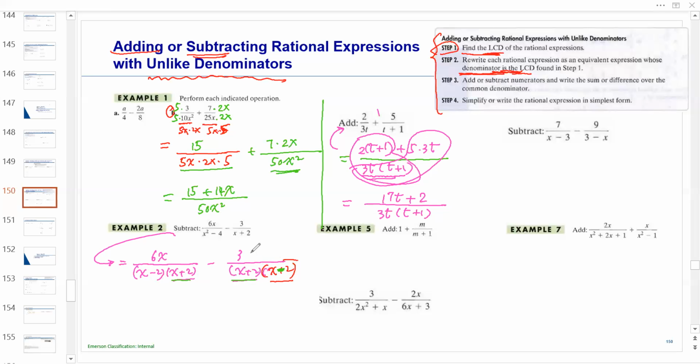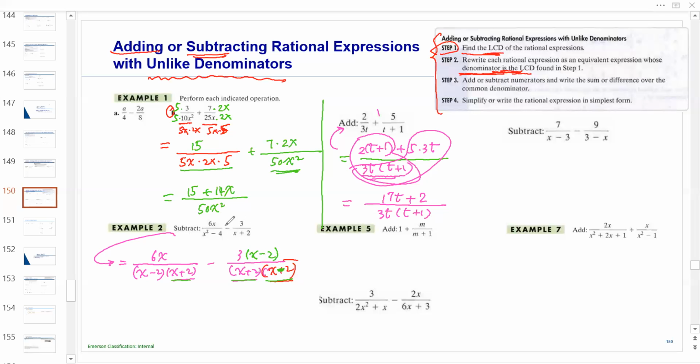But don't forget, sometimes people forget here: when you multiply the denominator, you need to multiply the numerator as well, at the same time. When you simplify, you go back to this one, so you didn't change anything.